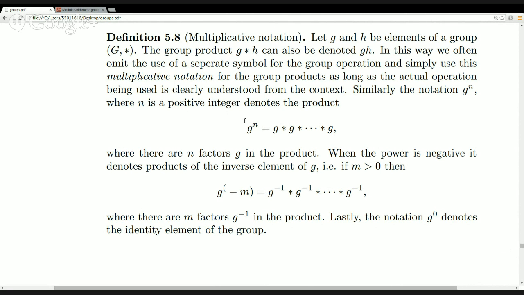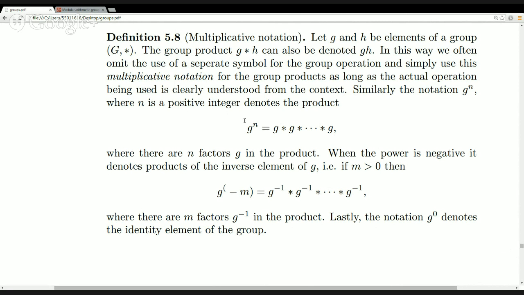So just a correction here for definition 5.8. This next line, I'm defining there what I mean by g to the power minus m. If m is bigger than 0, g to the power minus m refers to the inverse element of g itself raised to the power m. So g inverse star g inverse, the appropriate number of times.